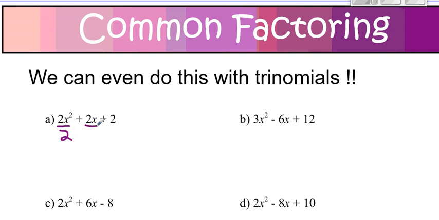So again, when I'm common factoring, I take that numerical coefficient out front, open my bracket, 2 divided by 2 is 1, so I'm just left with my x squared, plus 2 divided by 2 again here is 1, so I'm just left with my x.